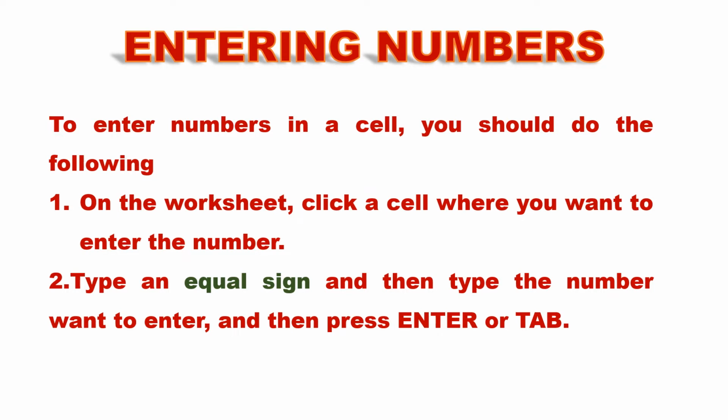Enter an equal to sign and then type the number you want to enter. Moving to the other cell is possible by pressing the Enter key or Tab key. So, after entering the number in a cell, you press the Enter key to move to the next cell.